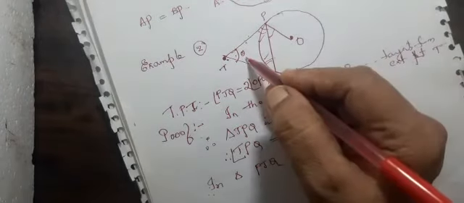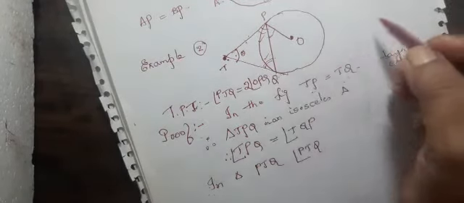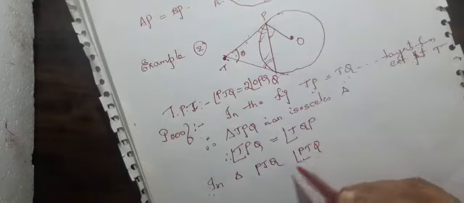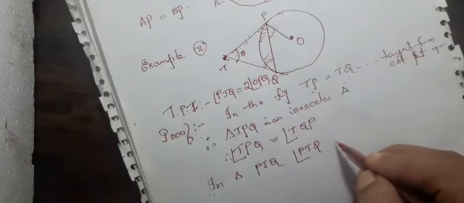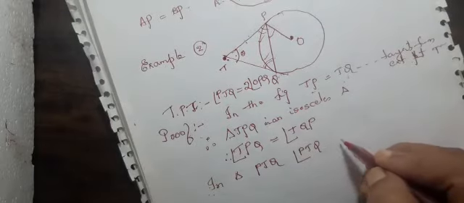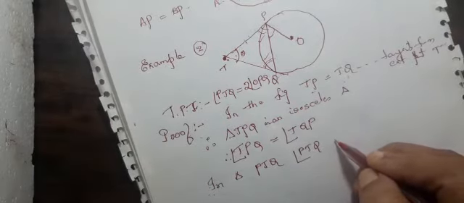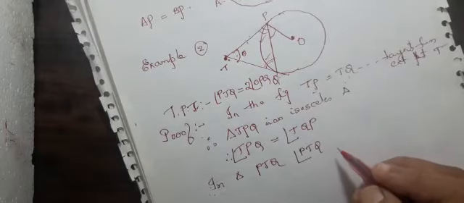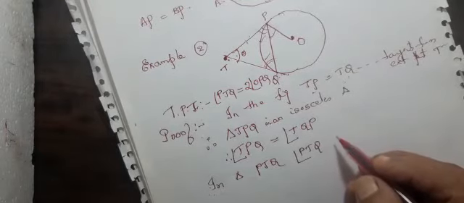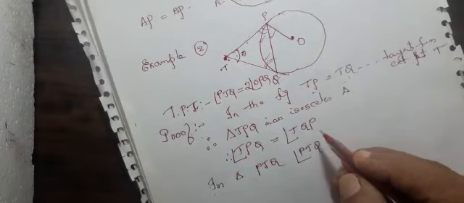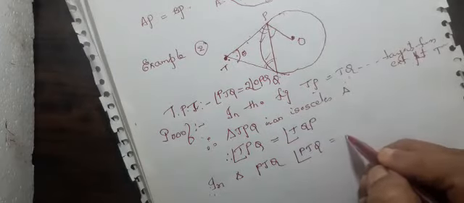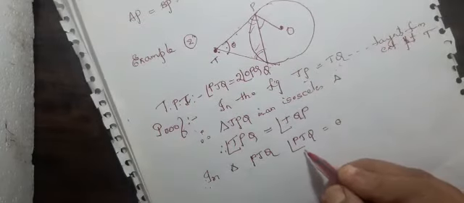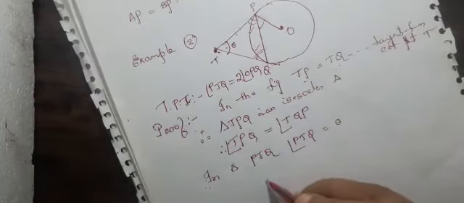It's a symbol of the angle in trigonometry. So in triangle PTQ, angle PTQ is equal to theta.